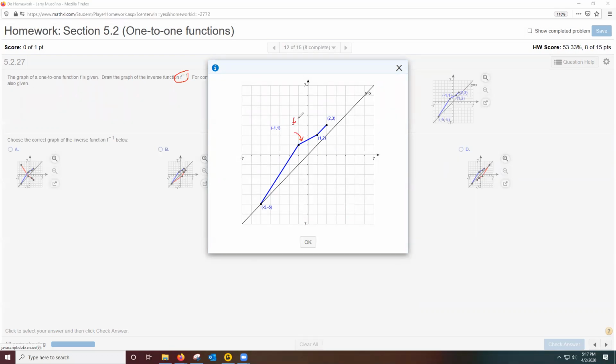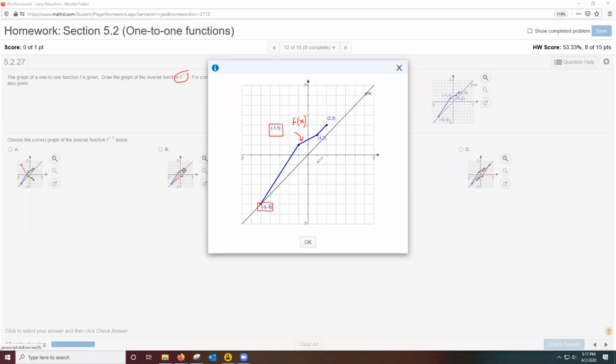But remember, the inverse function swaps the x and y values. So let me come down here. This is -5, -5. I'm going to swap the x and y. But if I swap the x and y, it's actually the same. It stays -5, -5. So I'm going to draw that point here in red. Let me come up to this point. It's -1, +1. But for the inverse function, I got to swap it around. Well, that's going to be 1, -1.